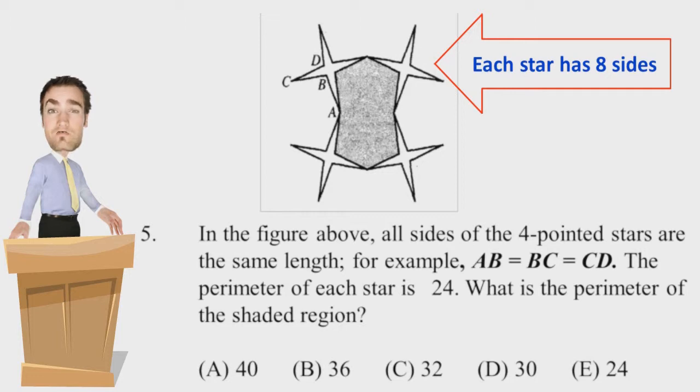Since the total is 24, you could divide that by 8 and get an answer of 3. So in other words, AB is 3. That wasn't really necessary because you know that the 8 sides is equal to 24, and the perimeter of the shaded region, if you count it, has 8 sides. 8 sides is 24. You already established that. You really didn't have to do any math here. So the answer there is quite simply E.